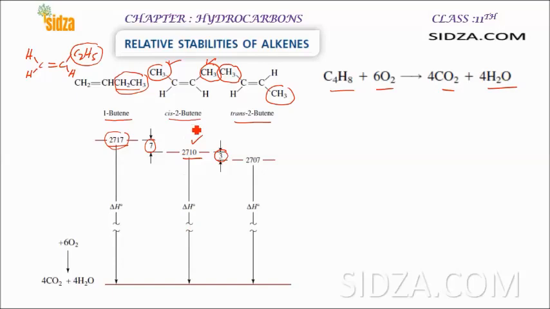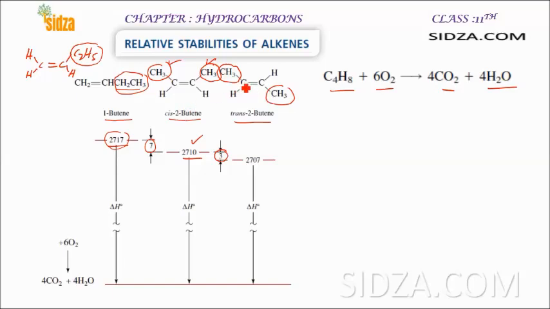So but-2-ene is more stable than but-1-ene because you got here 2 methyl groups, 2 substitution groups. Here you got only 1 substitution group. So in this case you will get fewer hyperconjugation structures. You got more hyperconjugation structures here, right?